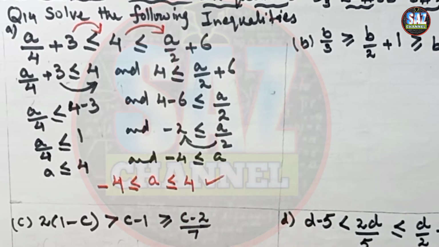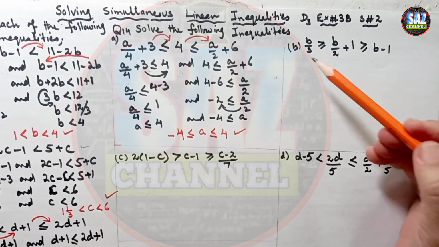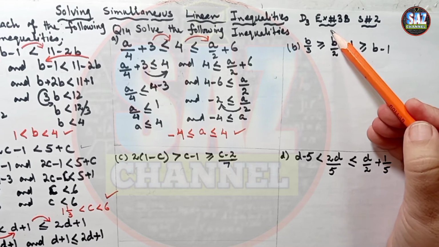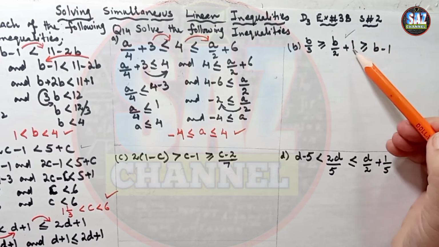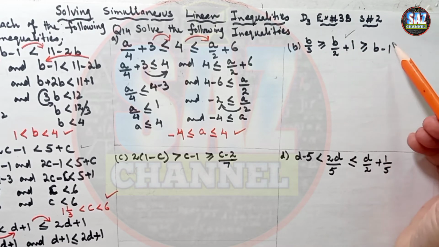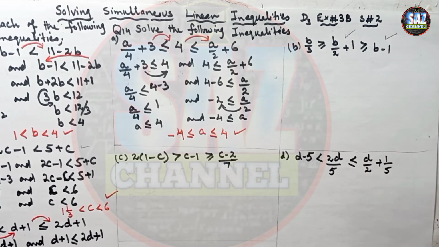I hope you are clear about this question. Let's move to the second part of the question, that says b by 3 is greater than or equal to b by 2 plus 1, and b by 2 plus 1 is greater than or equal to b minus 1.